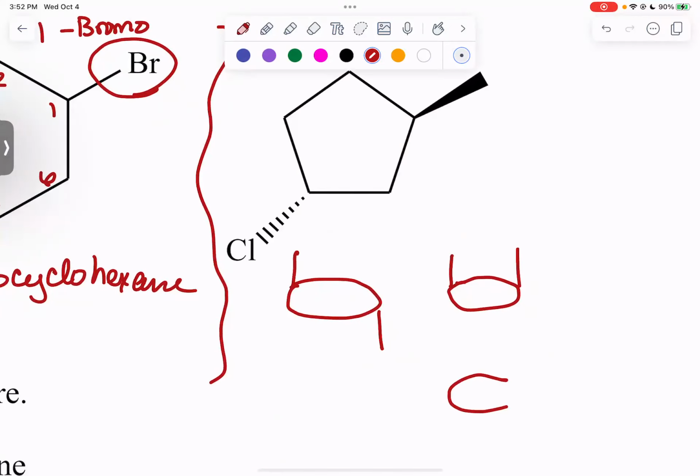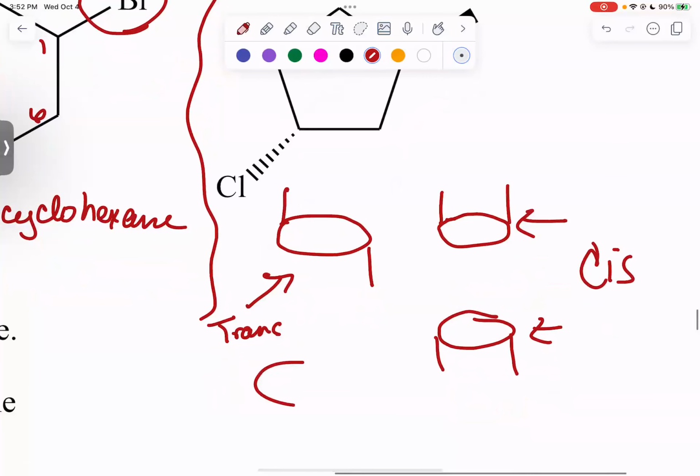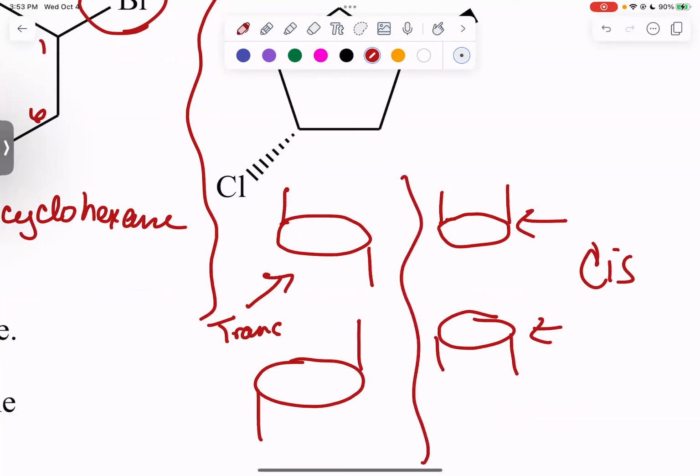Or you could have 2 substituents that go down, so that are below the ring. Both of these are the cis configuration. If it's opposite, it's a trans. The other trans is 1 down, 1 up, but it's the same thing, right? So the 2 on this side are trans, 2 on the other side are cis.